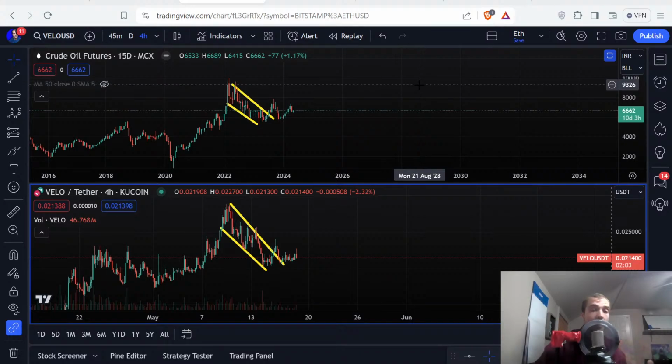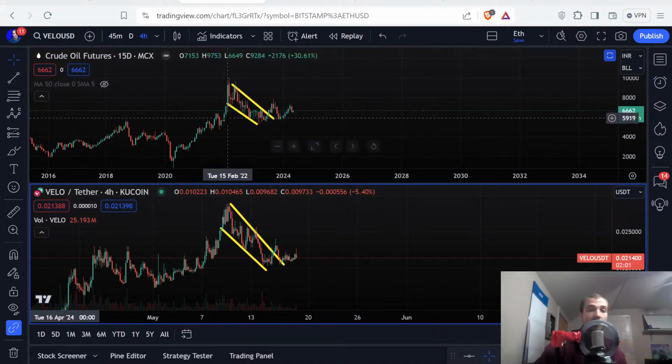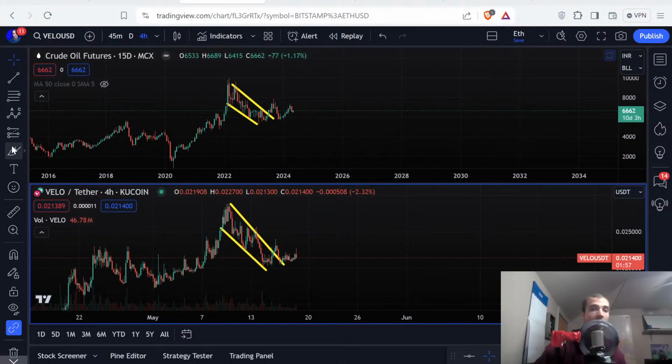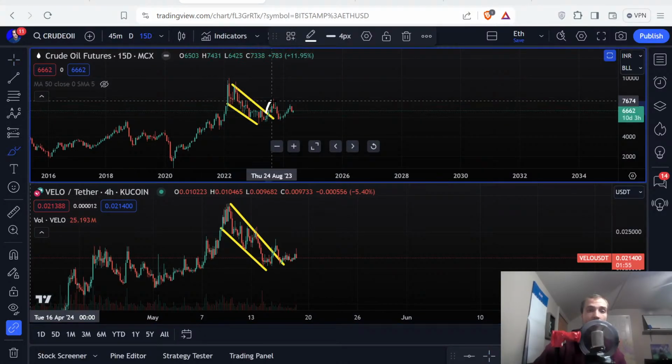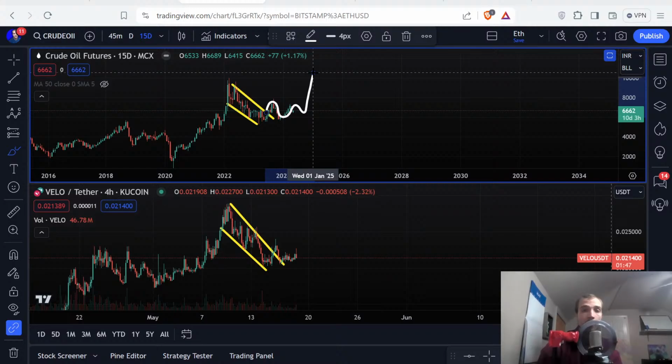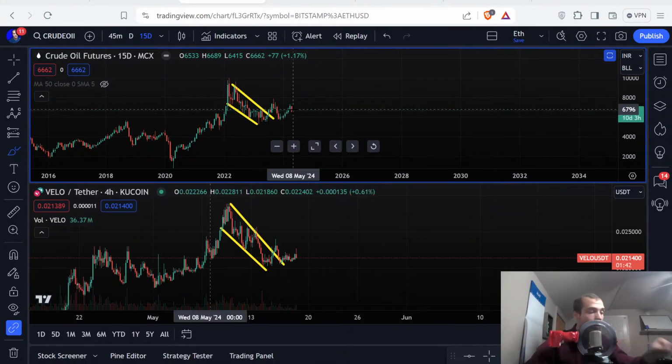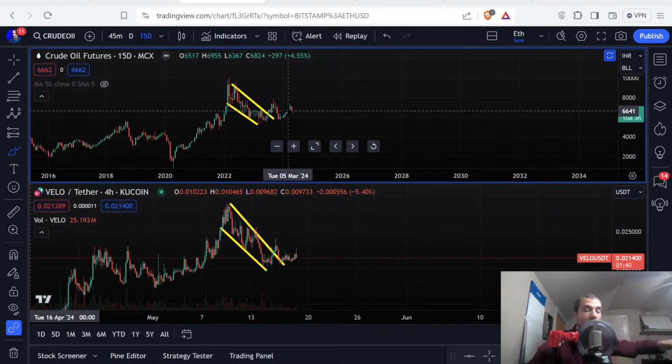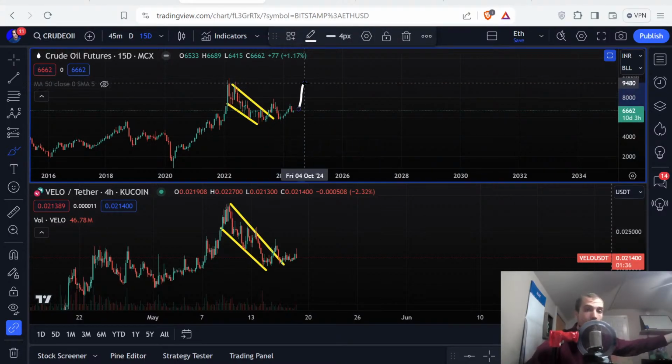And you guys can see that just in the same way that oil has made this bull flag, it broke bullish out of a flag, then it came down and tested the support of that flag, and a lot of times they kind of look like they're trying to push down, and then they break bullish. This is what Bitcoin was doing before it moved up just the other day. It looked like it was trying to push lower. It was trying to push against this floor, but there was so much buying pressure that it couldn't do it, so it moved up, right?